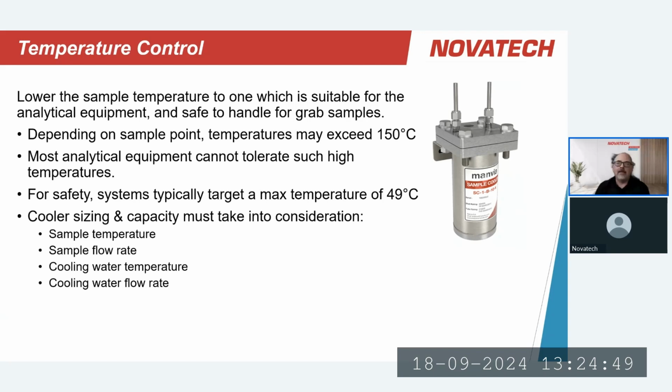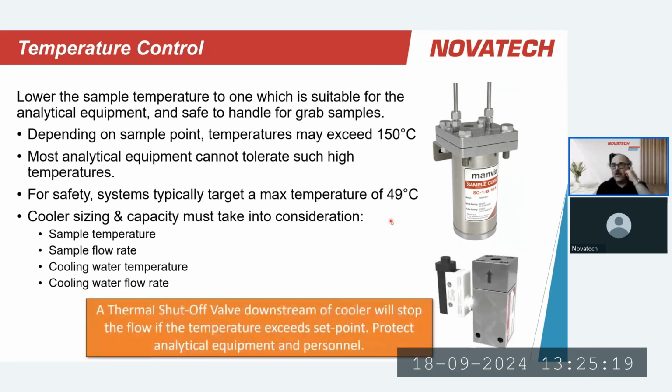But if we're using cooling water from a source where the temperature may vary seasonally, for example, as it often does in Canada, we have to look at the worst case scenario. What's the highest temperature my cooling water may be at, and what's the highest temperature my sample may be at. And then we use those to size the cooler correctly and ensure that it's capable of achieving that target temperature of 49 degrees C or less.